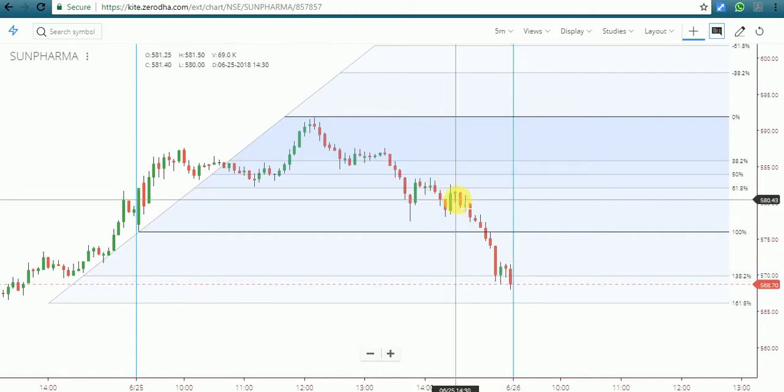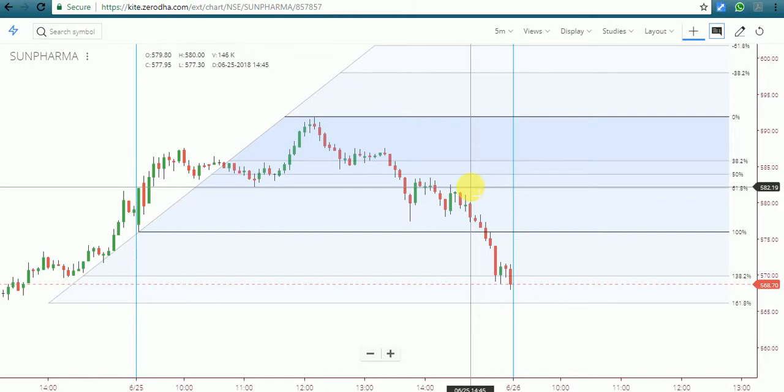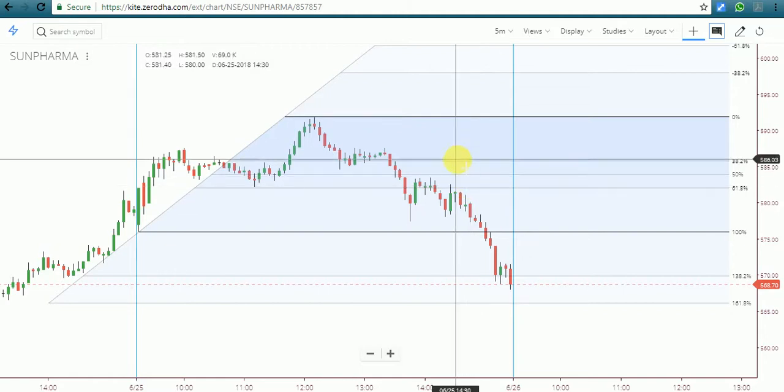Then where you can pick and enter, if you are going to short, here you have to understand. Some people are shorting here also, and they are following the proper way to short here.